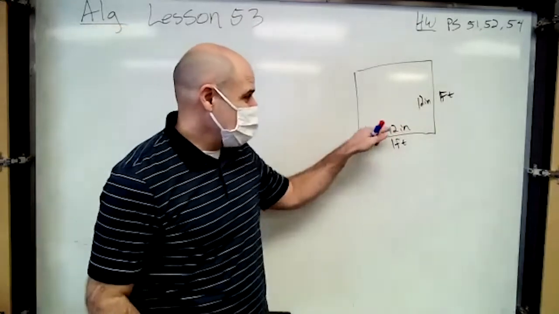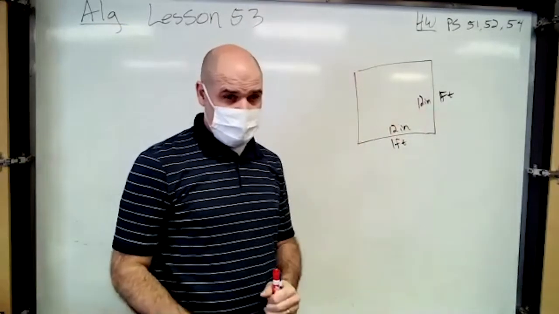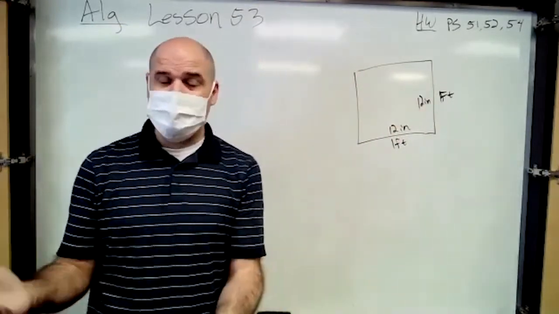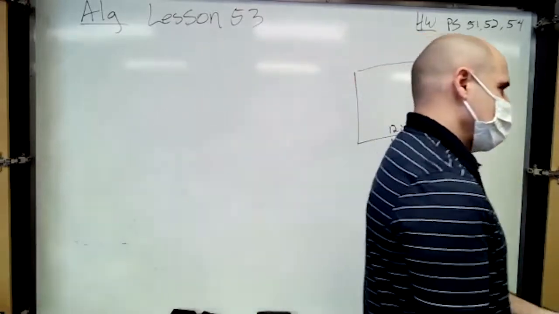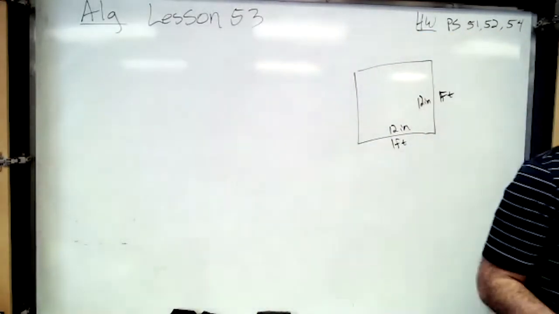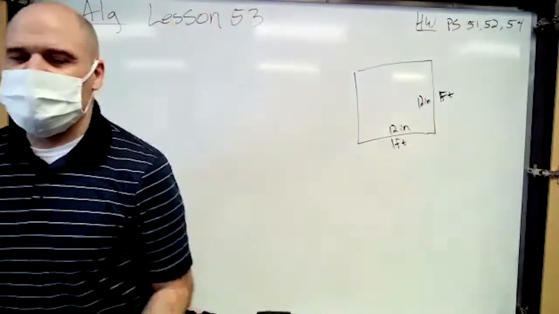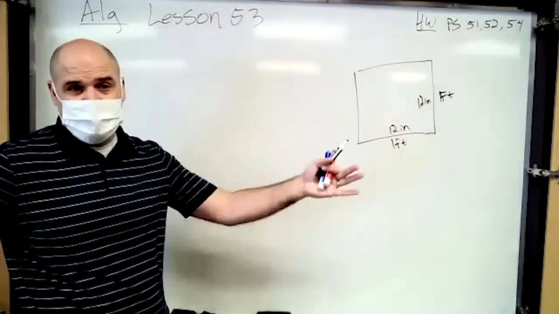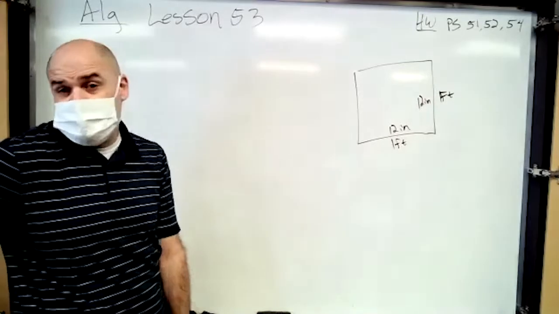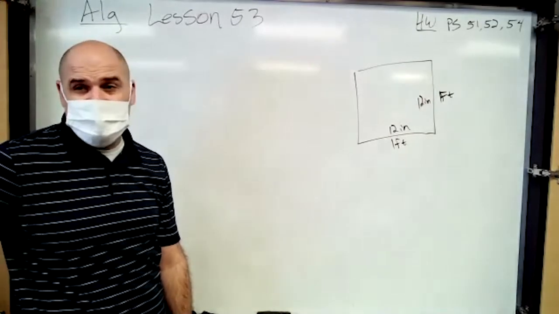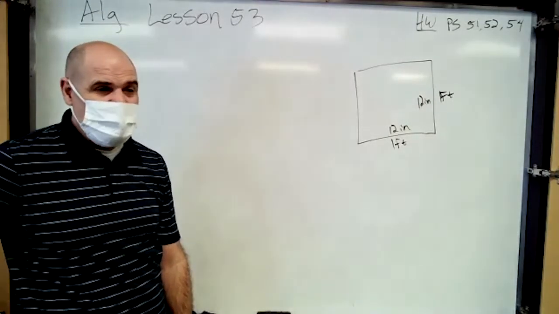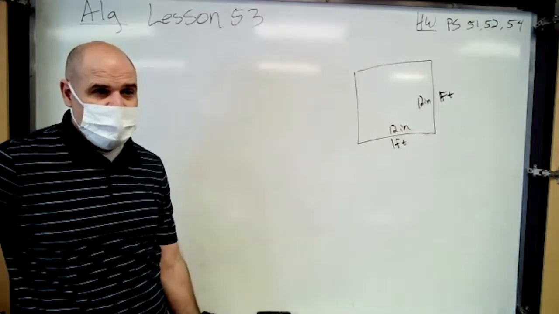How many little square inches are in there? 144. When you're doing unit multipliers, you're multiplying by 12 twice. So everything's squared, okay? Instead of multiplying by 12, you're multiplying by 12 squared.